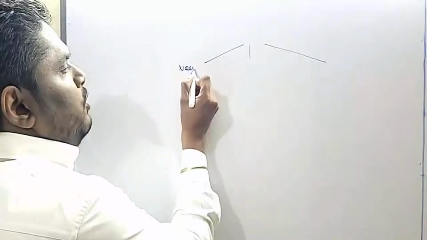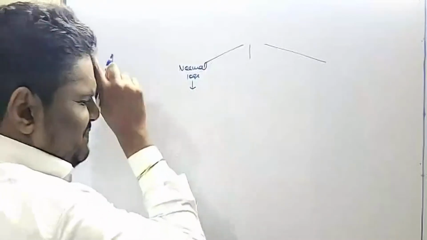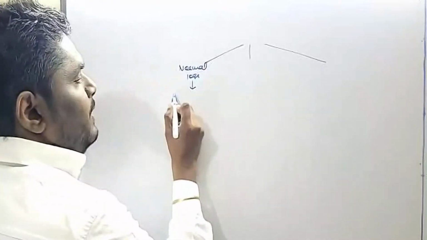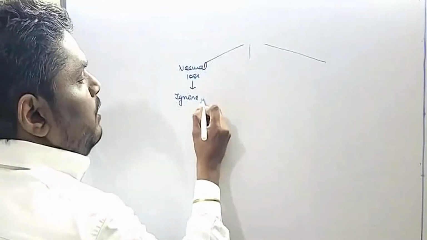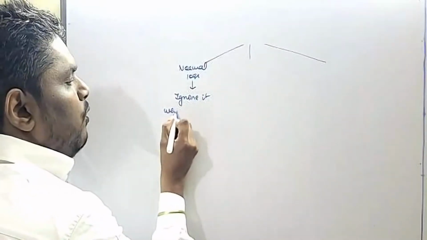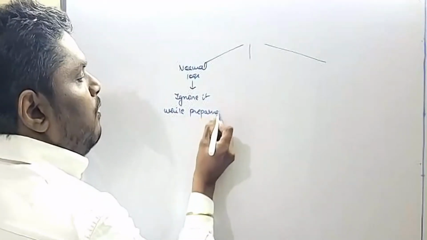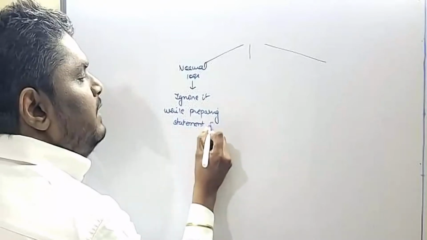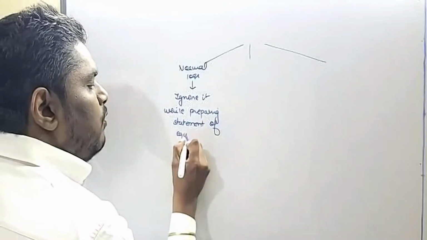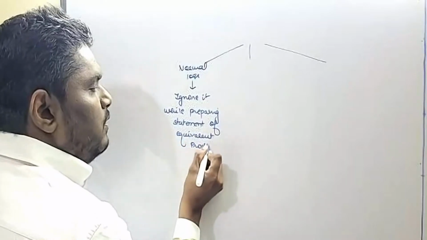So when talking about normal loss, very simple guys, ignore it while preparing statement of equivalent production.